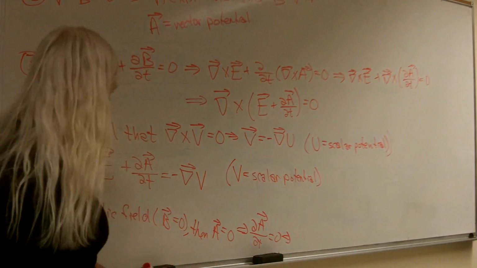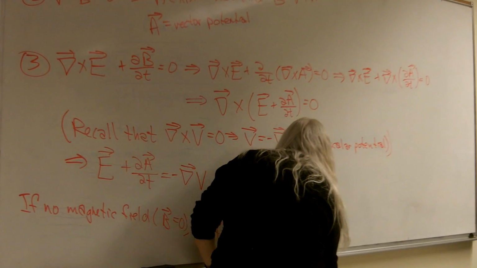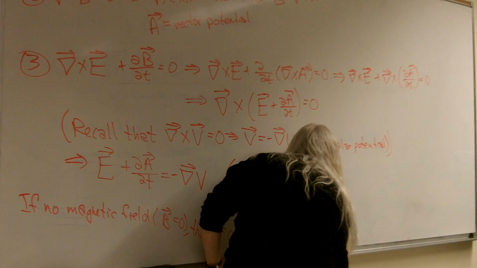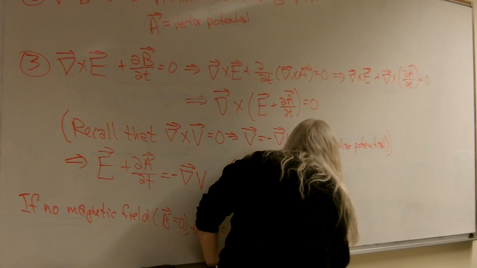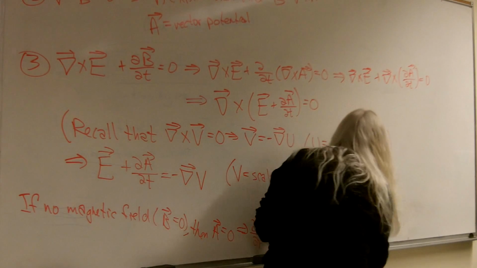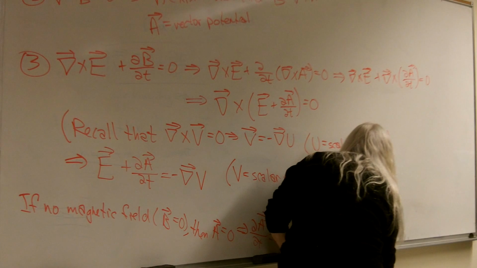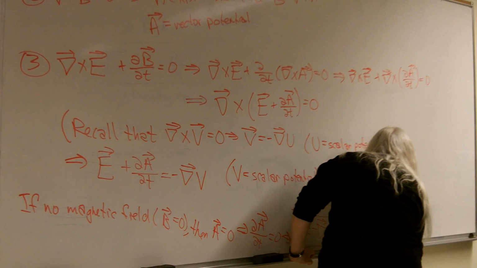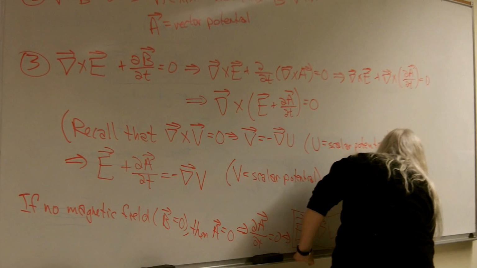And then this statement is just that E is minus the gradient of V. And this is, of course, our usual electrical potential. Right?